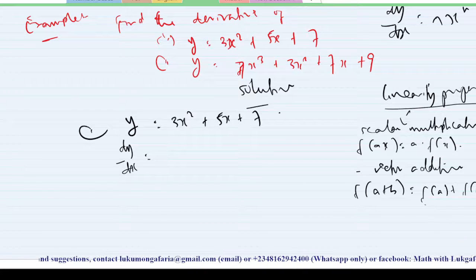So when you have something of this nature, we say that it satisfies the linearity property.